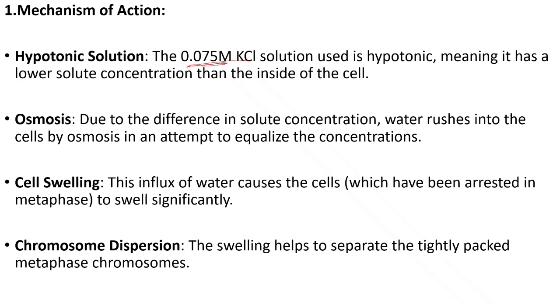Due to the difference in solute concentration, water rushes into the cells by osmosis in an attempt to equalize the concentration. The influx of water causes the cells to swell significantly. The swelling helps to separate the tightly packed metaphase chromosomes.